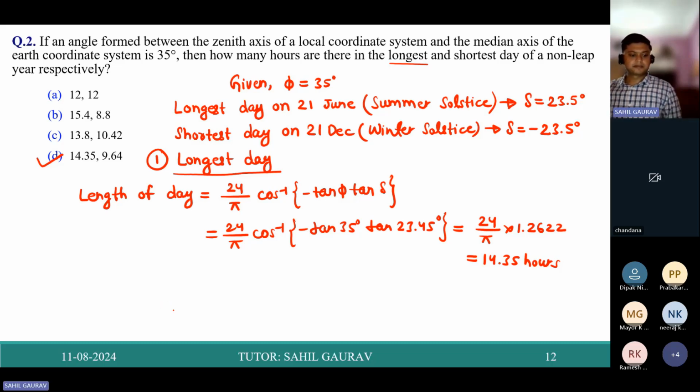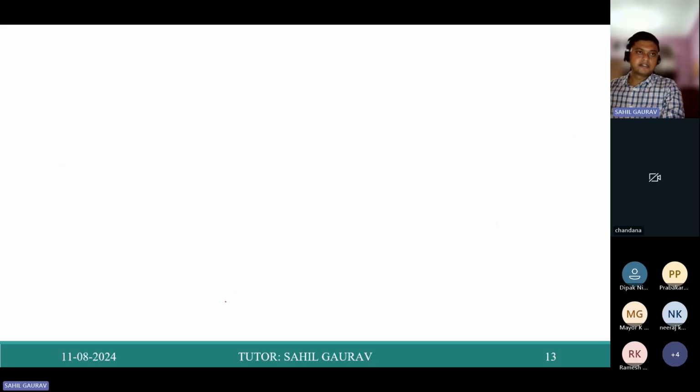So let us solve for the shortest day also. The shortest day happens on 21st December.